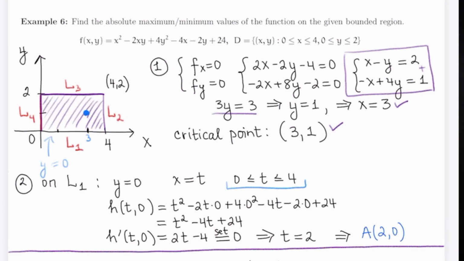Once I do this, we can substitute y equal to 0 and relabel x as t. We plug this into our original function. So we're rewriting f in terms of x and y as a new representation, just a function of one variable t, and you'll see why. Once we plug that in and combine like terms, we get a quadratic polynomial in terms of t.